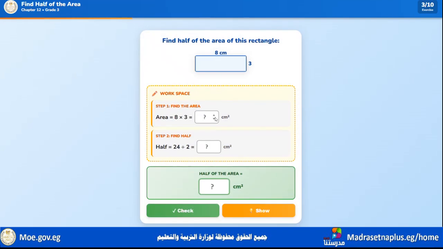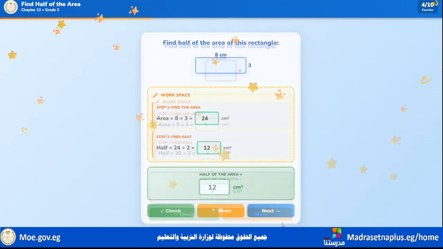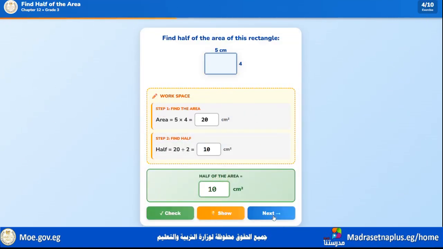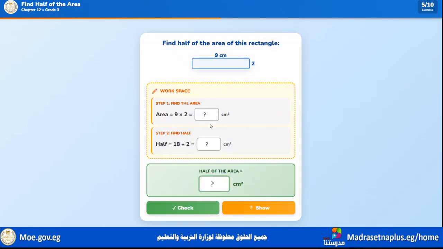Let's show. 8 times 3 is 24. Its half is 12. Or we can split 8 into 4s. So 4 by 3 equals 12. The same. 20, half is 10, yes. This is 18. Its half is 9.